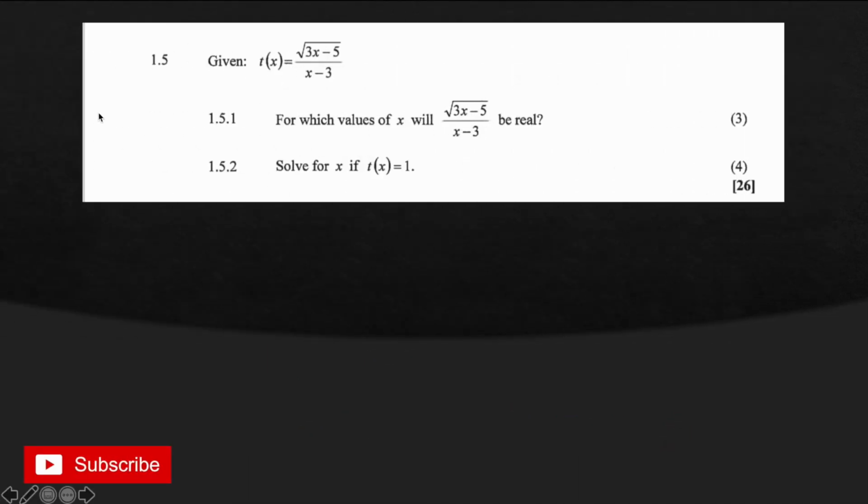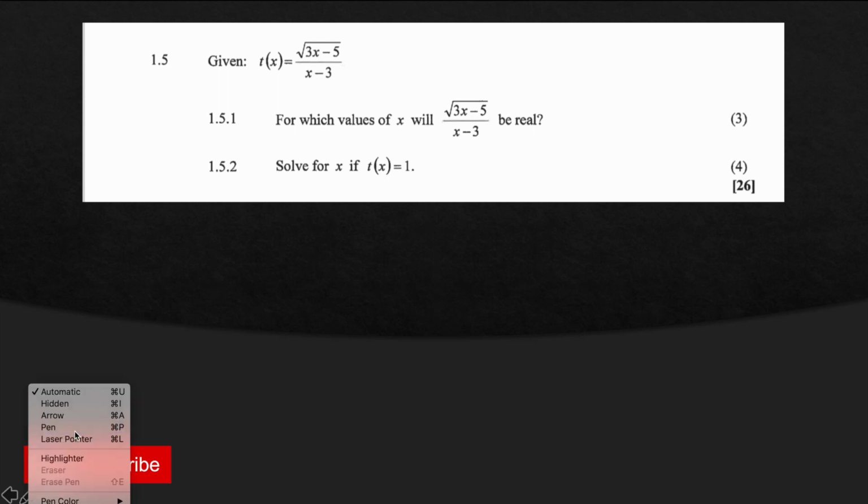Now we are doing the last part of the question, which is solving for x if t is equal to 1. So you have to work with the whole equation, this one. So you say the square root of 3x minus 5 divided by x minus 3 is equal to 1.